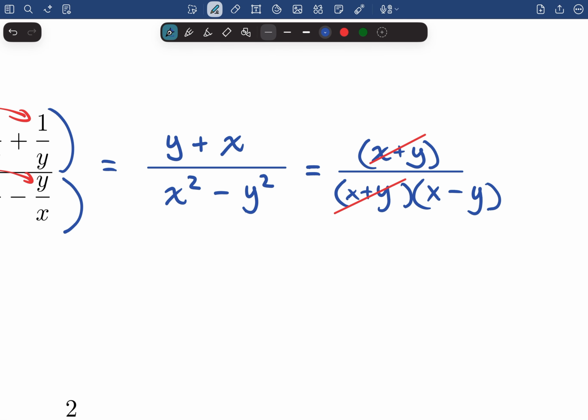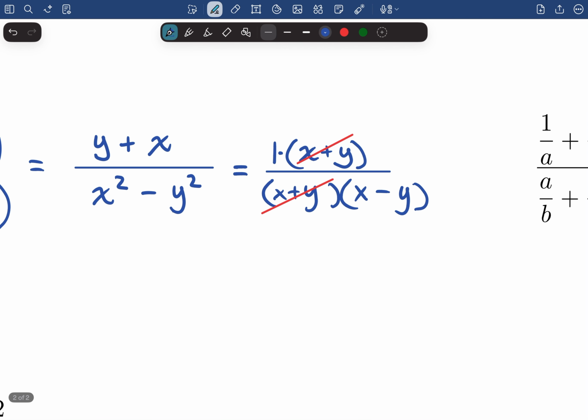Great. Please remember, when you cancel all the factors of the top or the bottom of a fraction, there's an invisible 1 that appears, because that invisible 1 is part of the final answer. So we get 1 over x minus y. That is the result. Great.